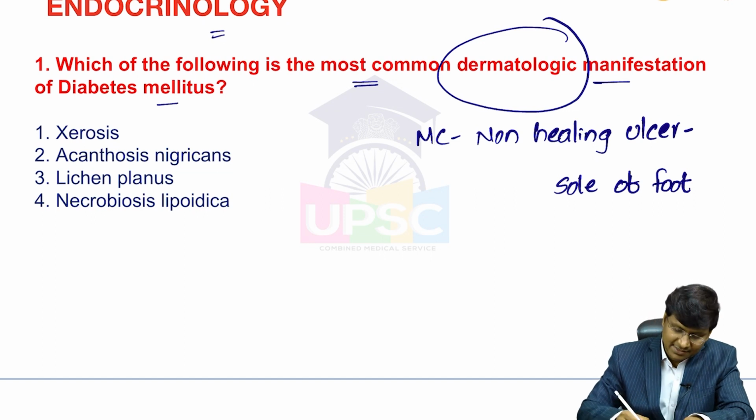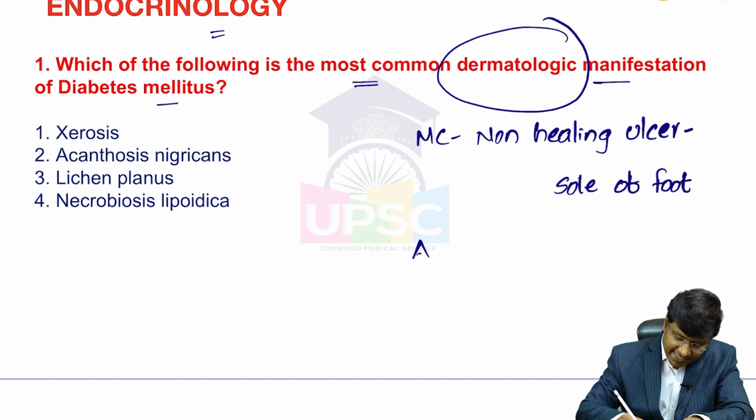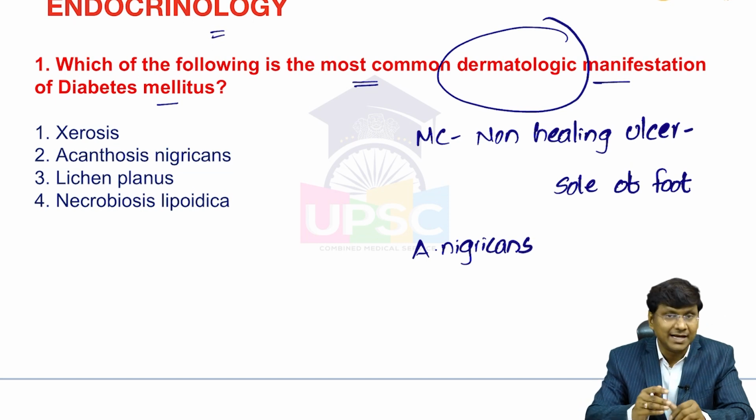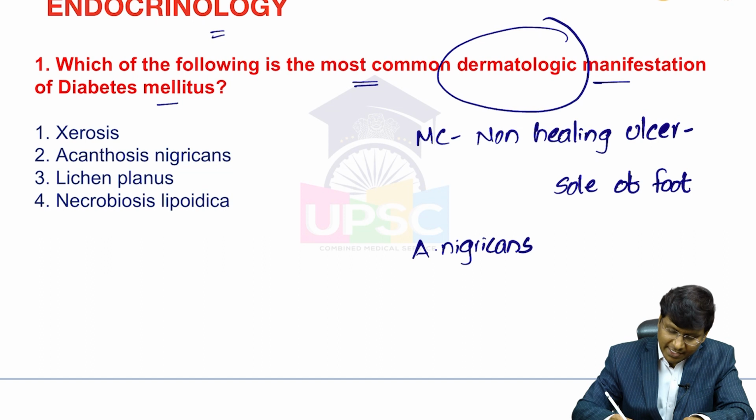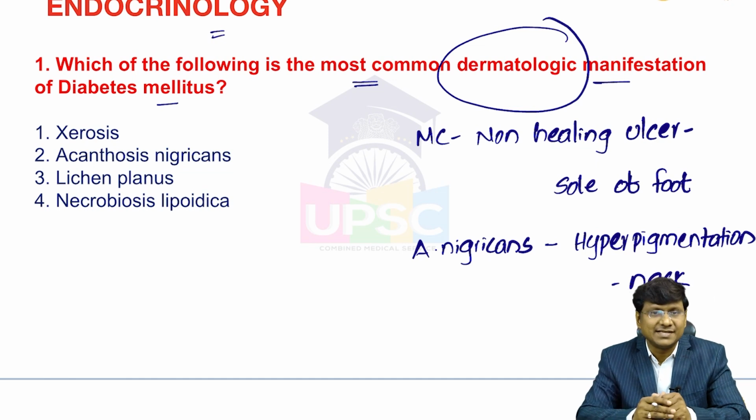Then followed by that, the next most common dermatological complication will be acanthosis nigricans. So acanthosis nigricans is the hyperpigmentation of the back of the neck, and the extensor aspect.